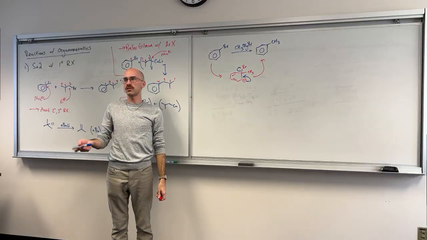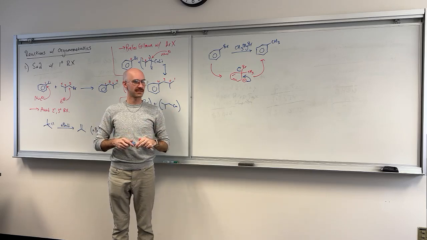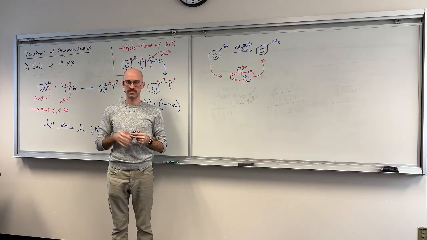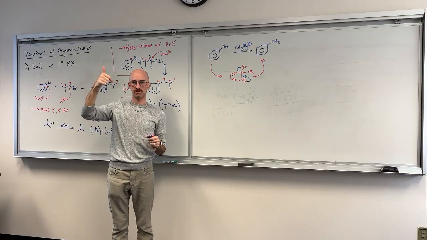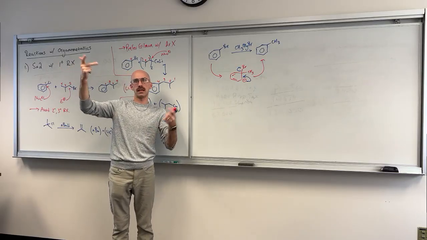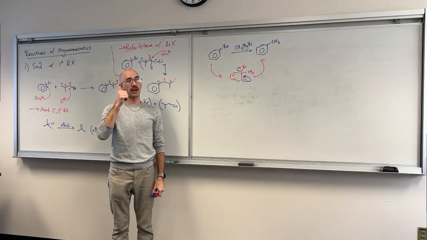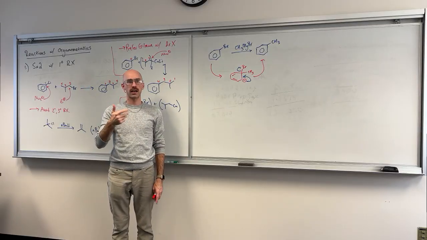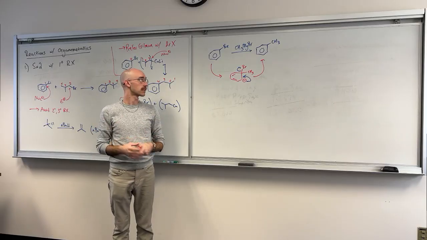What are the reagents that we showed doing SNAr back in that chapter? Give me something. OH minus, OR minus, NH2 minus, NR2 minus, NHR minus. We saw hydroxide, alkoxides, and amides, not the functional group, but the anion.